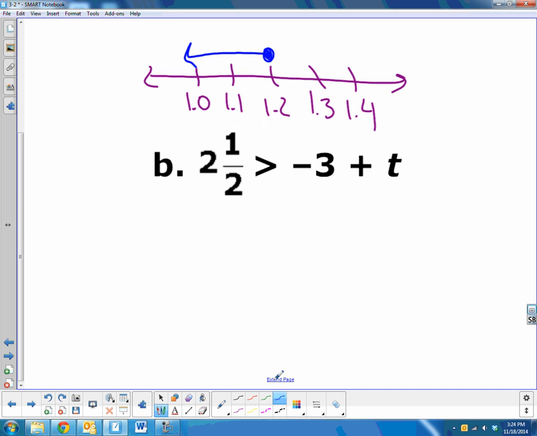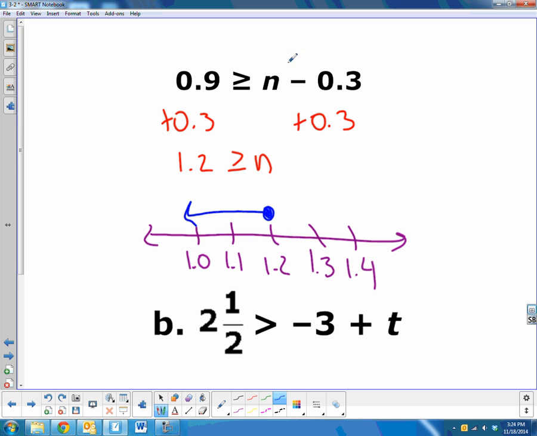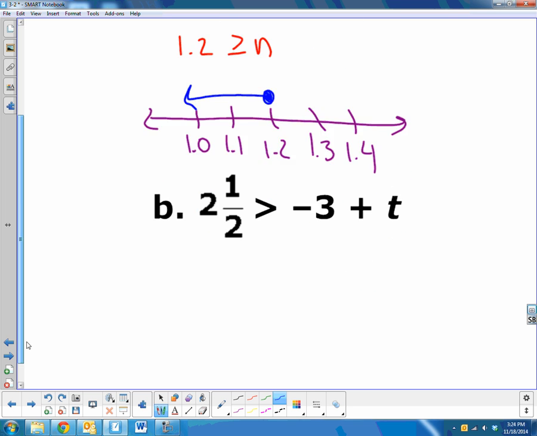The next one, inverse operation, opposite of plus is minus. But remember, the whole goal, what we're doing, is we're trying to make this 0. And negative 3/10 plus 3/10 is 0. Same thing here.